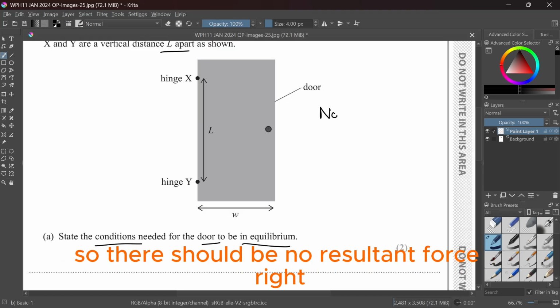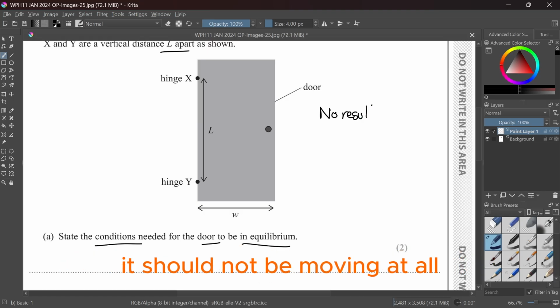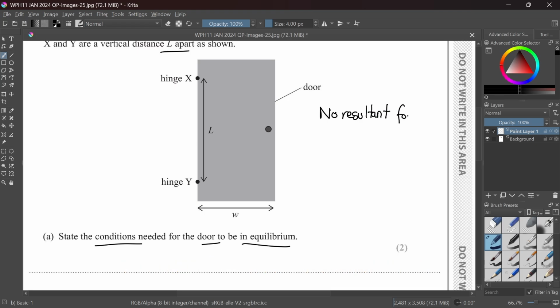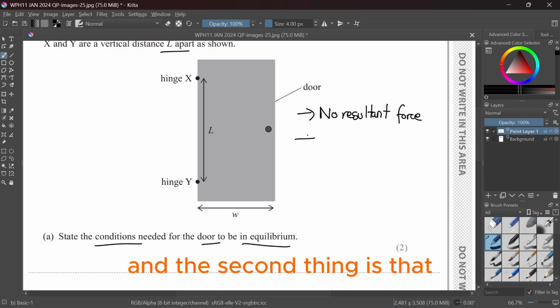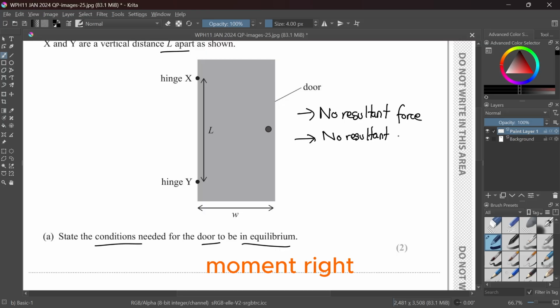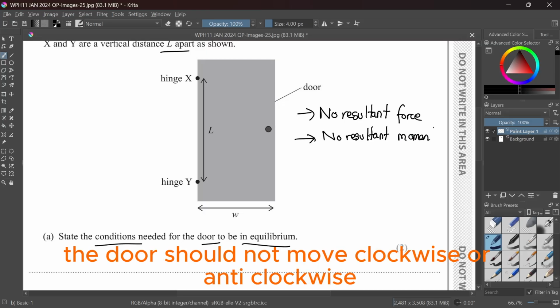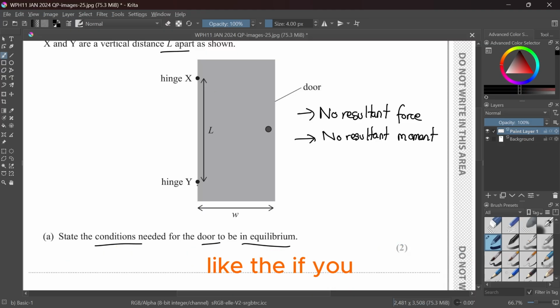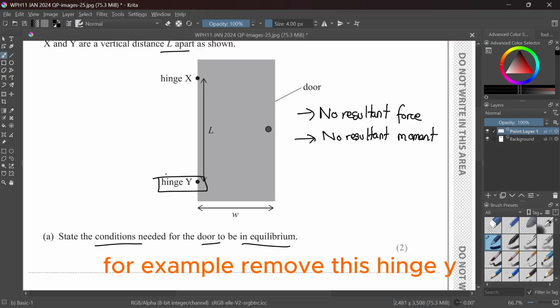So there should be no resultant force, right? It should not be moving at all. And the second thing is that there should be no resultant moment, right? The door should not move clockwise or anti-clockwise. Like if you, for example, remove this hinge Y, right?